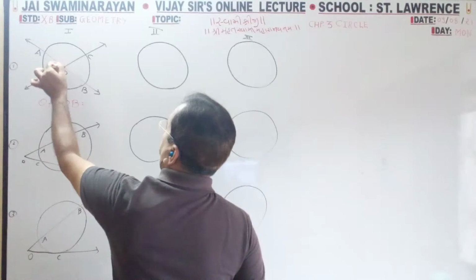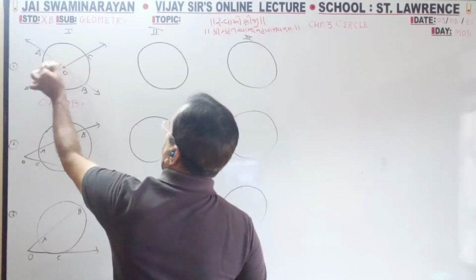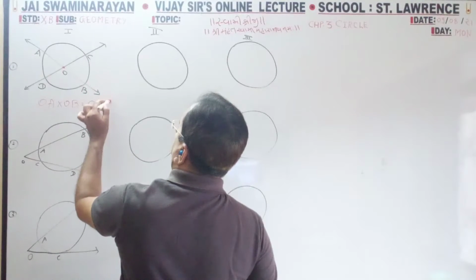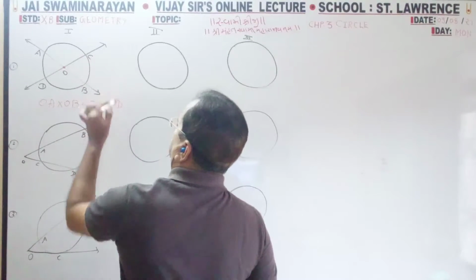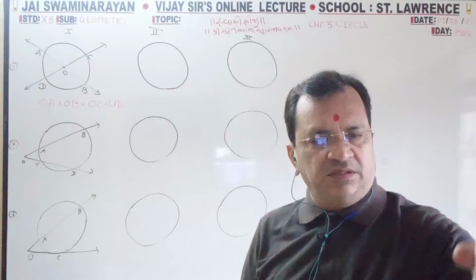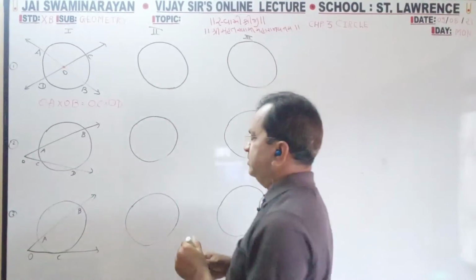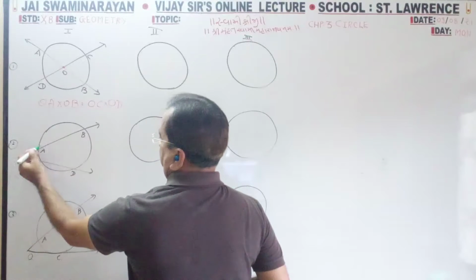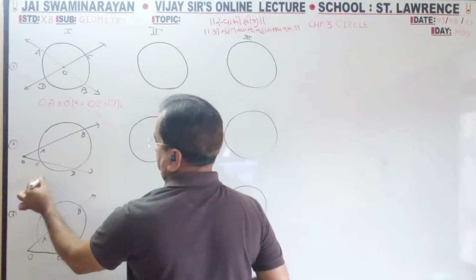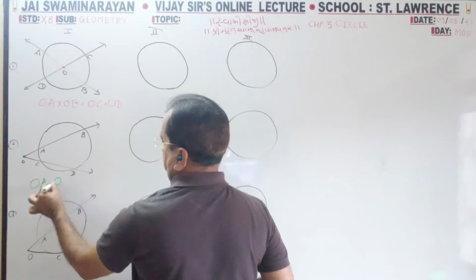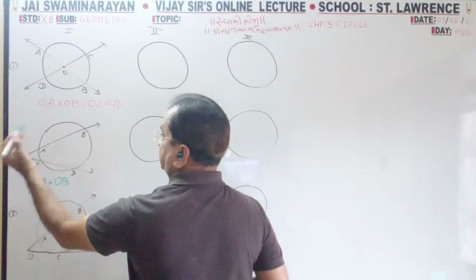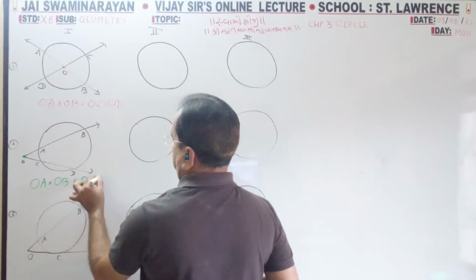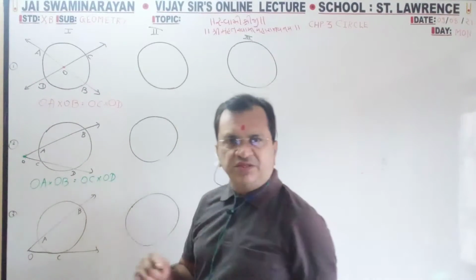From intersection, two segments from one line, OC, OD. Again from intersection, OA, OB. From intersection, second line, two segments, OC, OD. This is visible, yes.